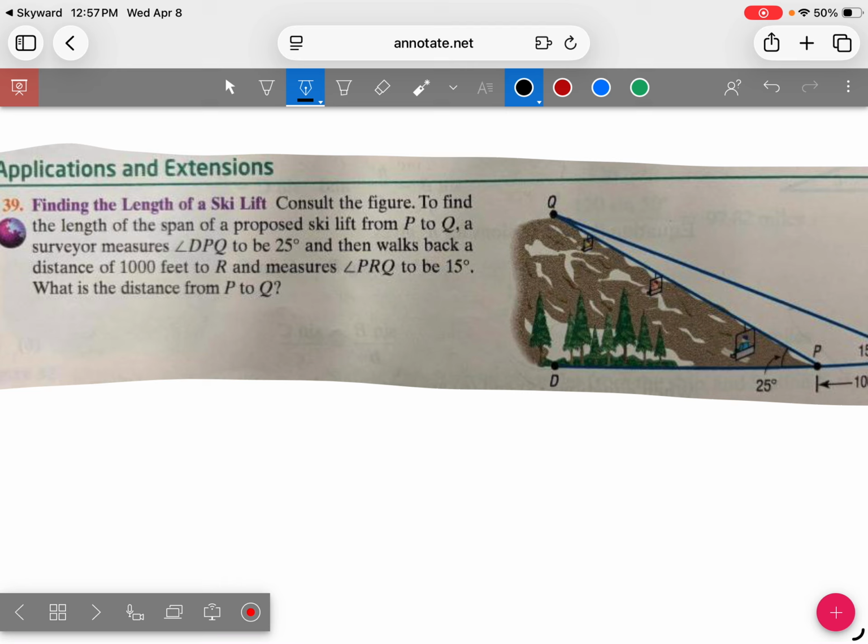So the last three questions are word problems. Now, I probably should have tried to adjust the contrast because I know it's dark. So let's look at number 39. This is homework 14 that's due tomorrow.